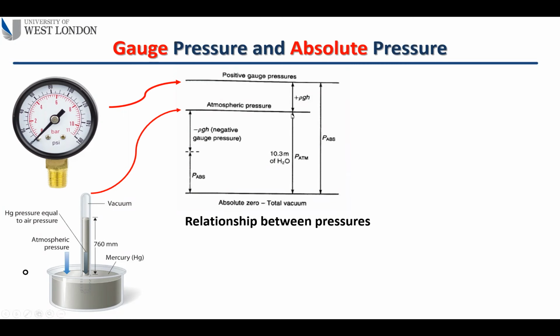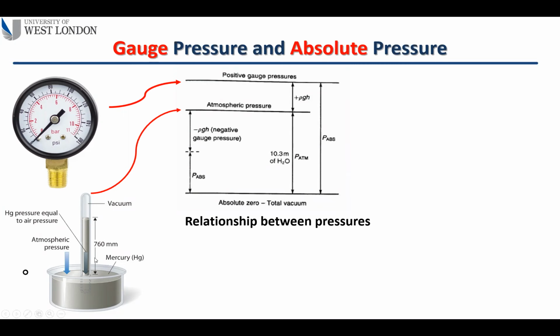So in that case, the absolute pressure all the time is equal to the atmospheric pressure plus the gauge pressure, which is shown by the gauge that we have. However, everything is subject to atmospheric pressure, so we don't need to mention it everywhere.